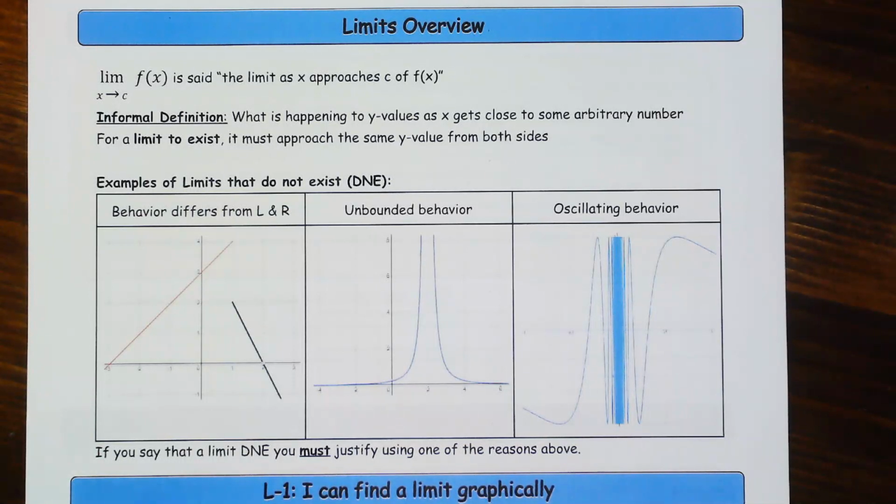That is what we are going to determine. And we're going to do that getting close to some arbitrary number. One of the biggest hang-ups I see from students on this is we don't actually care about what's happening at the number. What we care about is what's happening close to the number.